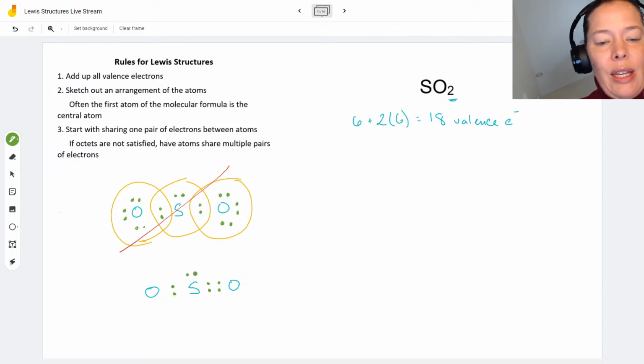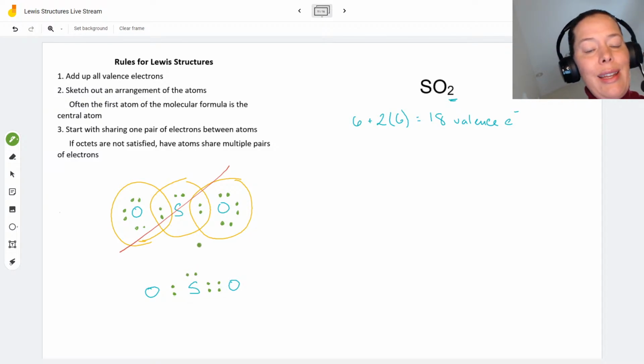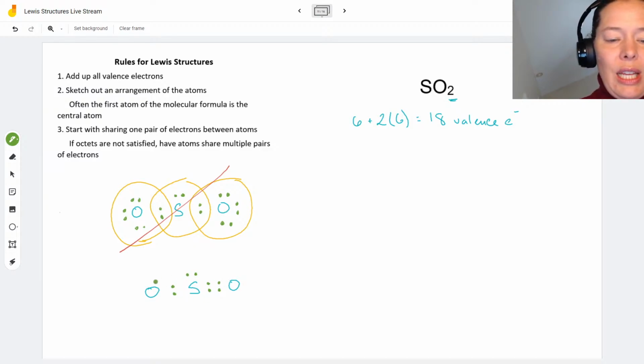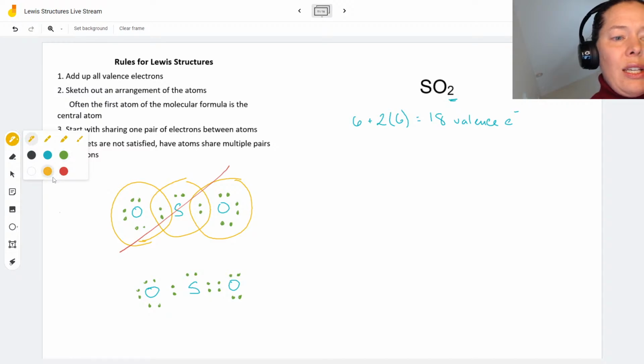I'm actually going to go ahead and give sulfur a lone pair so that it already has 8. 2, 4, 6, 8, 10, 12, 14, 16, 18. Okay, so I have used 18 valence electrons.